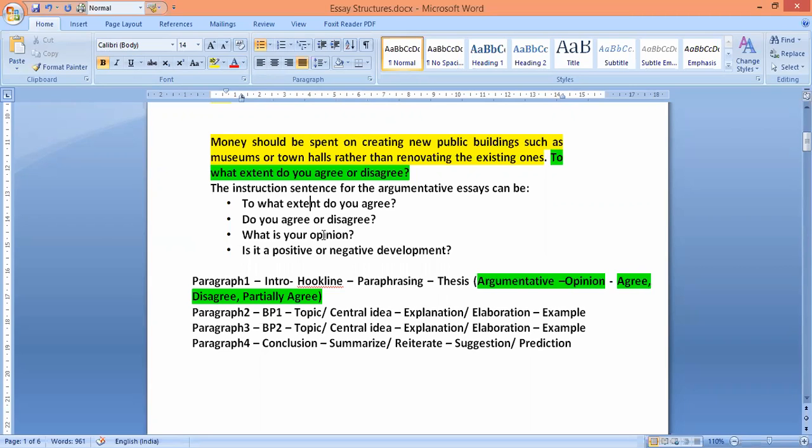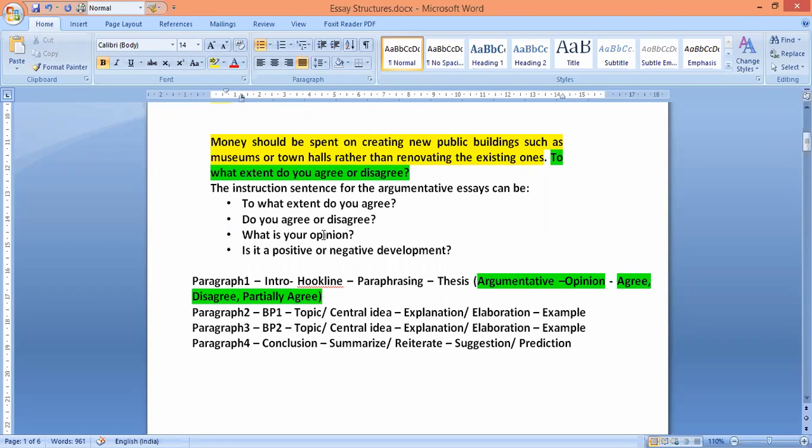Okay. So this is the only difference. If you agree, write both BPs in agreement. If you disagree, write both BPs in disagreement. If you partially agree, write one in support, one in disagreement. And then you have to give the conclusion according to that only.